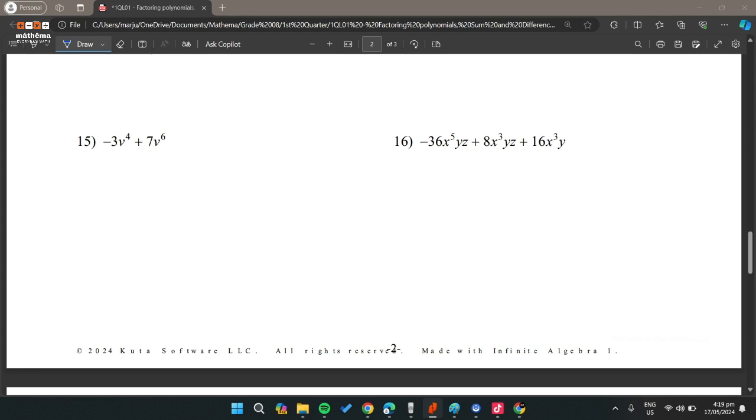That's V. Alright. In terms of the letter, that's V. But again, what is the exponent? 2V to the 4th? 2 is not common to negative 3 and 7. Right? So again, the common here is V. The lowest exponent is 4. So that will be our common factor. Yes. Just V to the 4th.